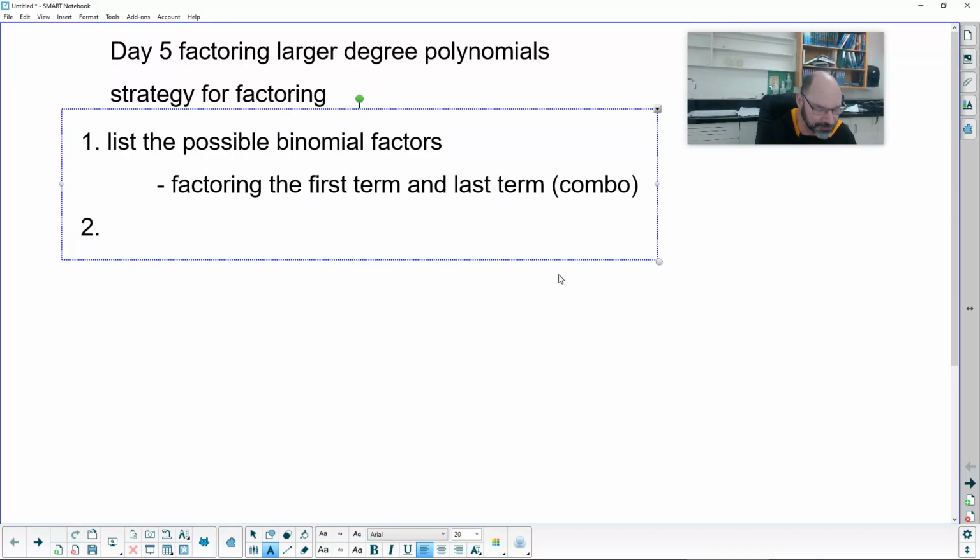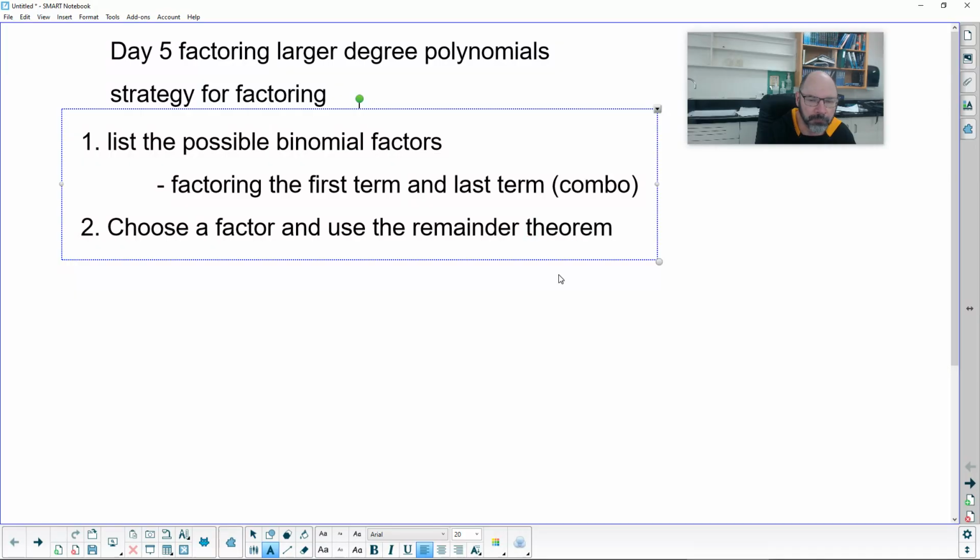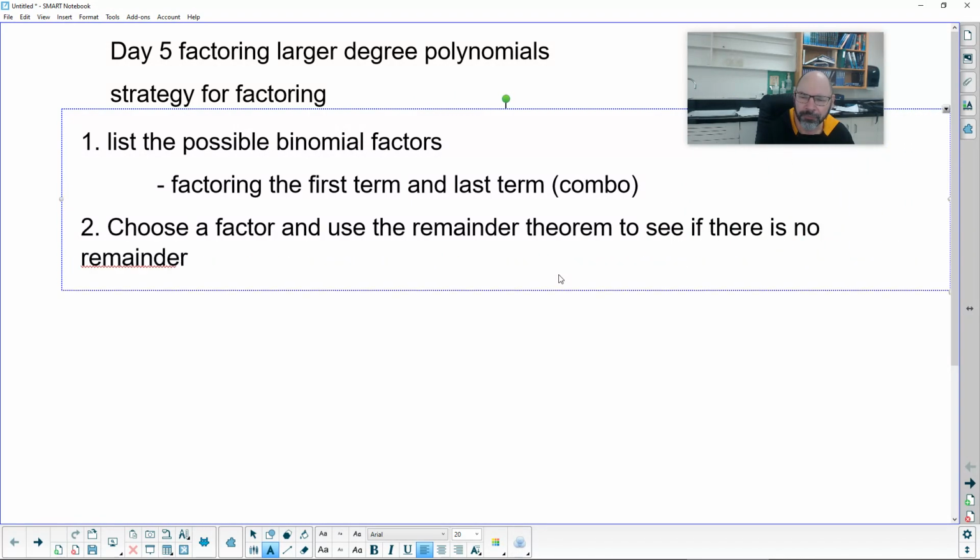So then we choose a factor and use the factor remainder theorem to see if there is no remainder. If that happens, then we know that it's a factor. So we check it with the factor theorem, see if there's no remainder.